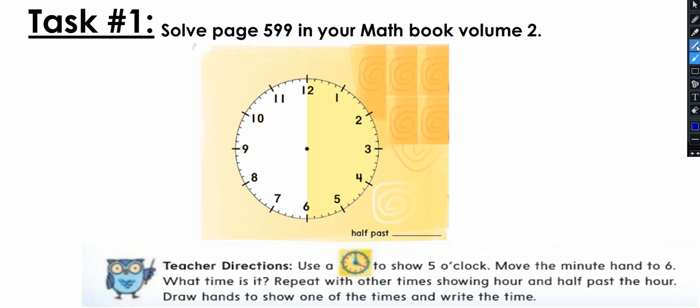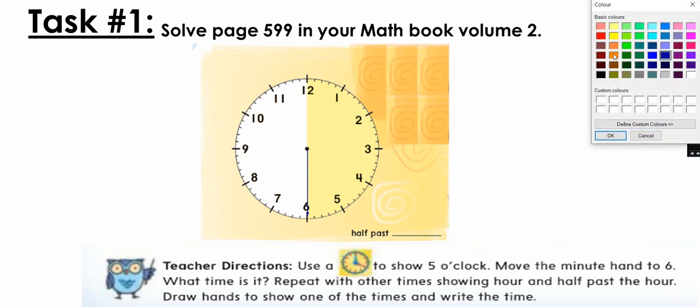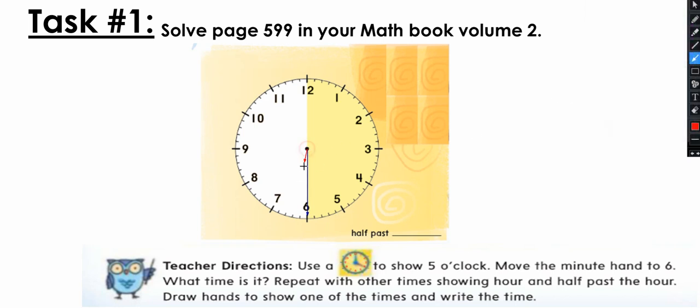Let's keep the minute hand on the 6. Now this clock is showing half past. What if I move the hour hand? Now the hour hand is showing it's between 6 and 7. So this means it's half past 6.